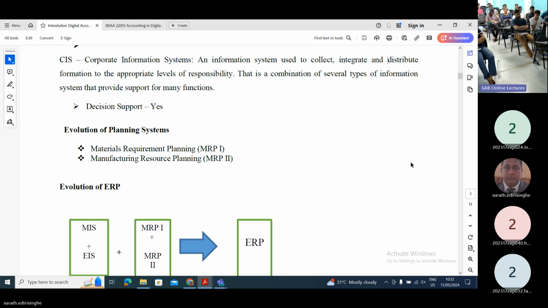If you are manufacturing, say, soap, like Sunlight, and you get an order from the customer to purchase 1,000 or 10,000 Sunlight packs, 100 gram or 200 gram.